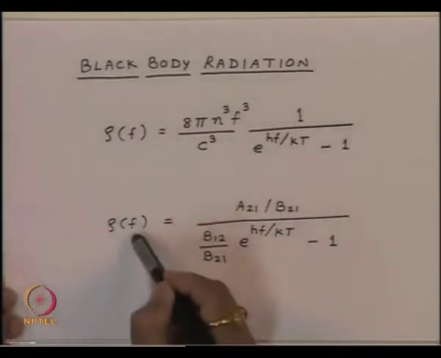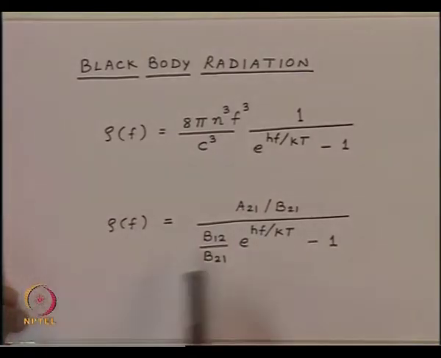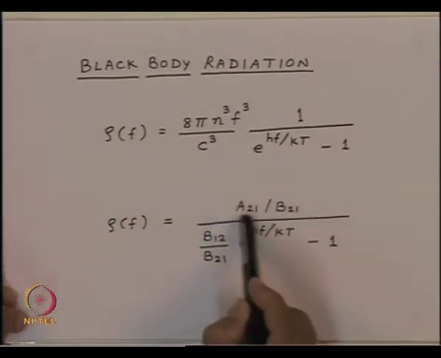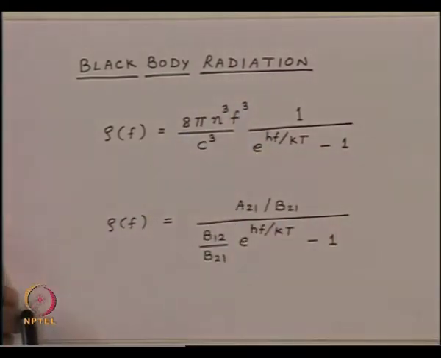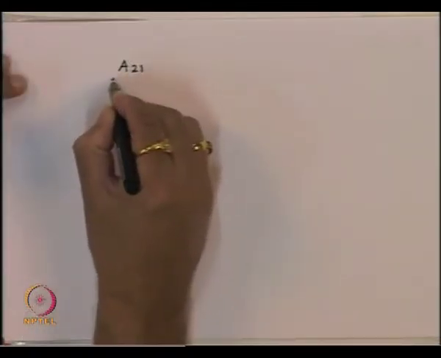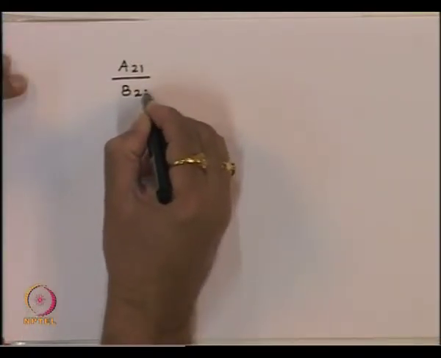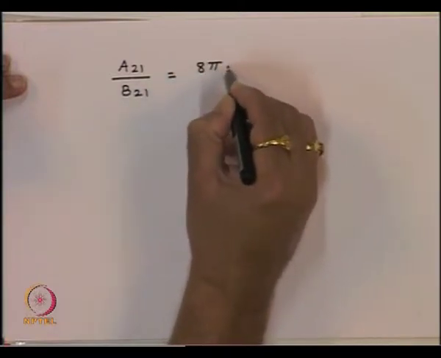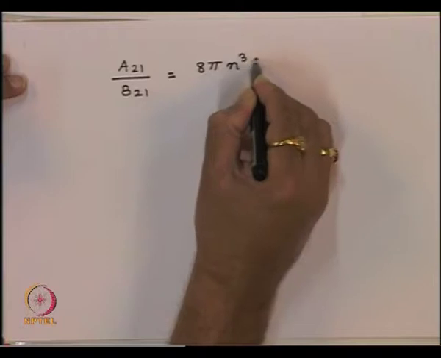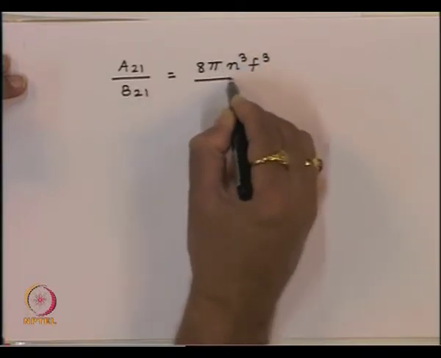If we compare these two, you will see that this quantity A21 upon B21 is this constant. So, we can write down just by comparison that A21 upon B21 is equal to 8 pi n cube f cube upon c cube.